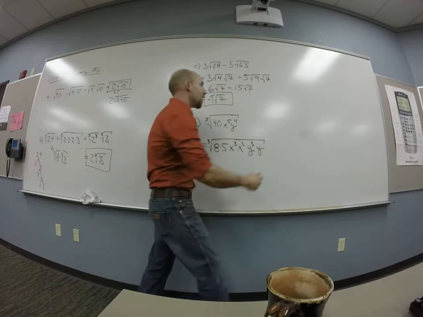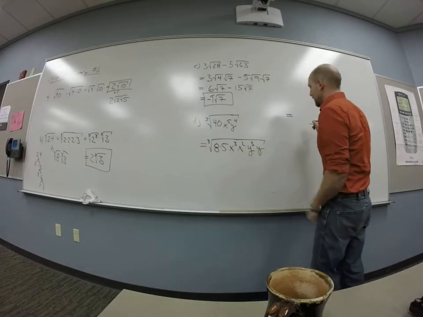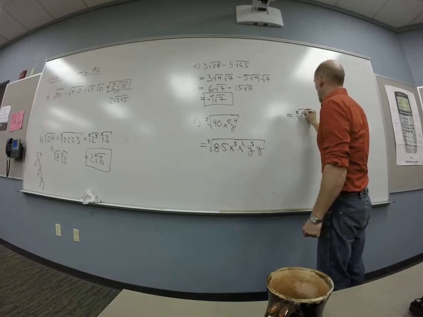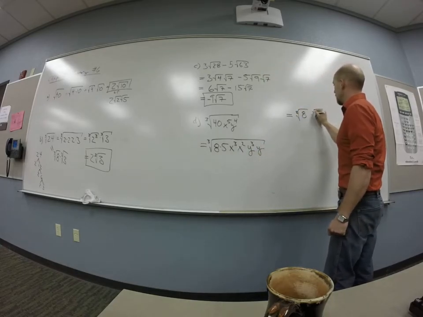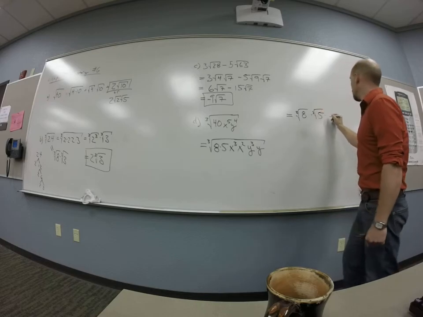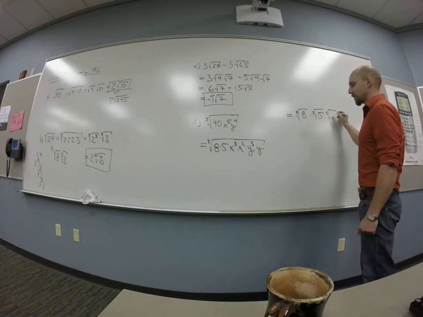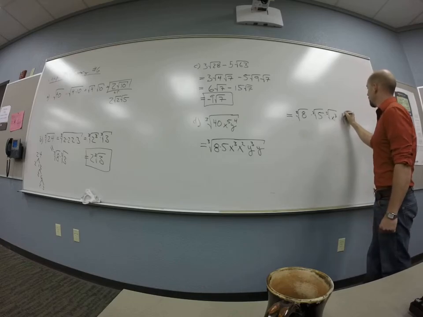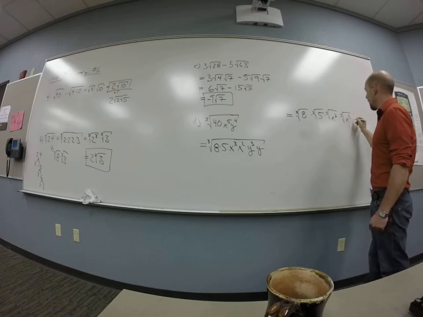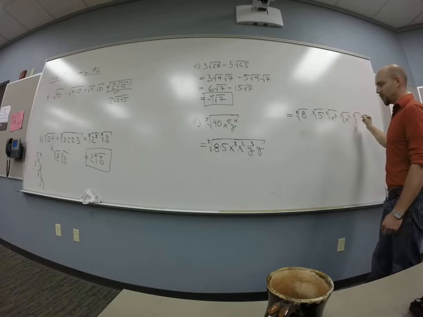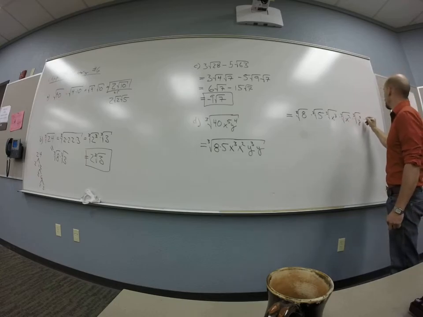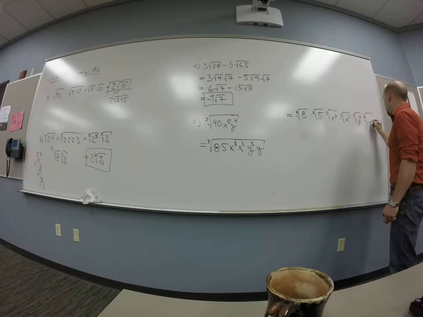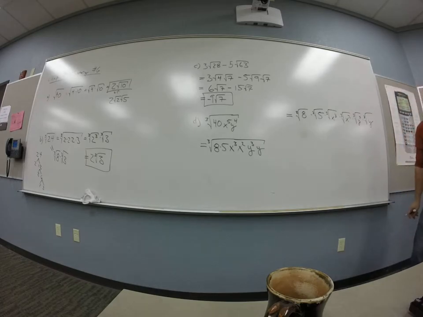Okay, and then I say, all right, so that's the cube root of 8 times the cube root of 5 times the cube root of x cubed times the cube root of x squared times the cube root of y cubed times the cube root of y. Pretty down with that?